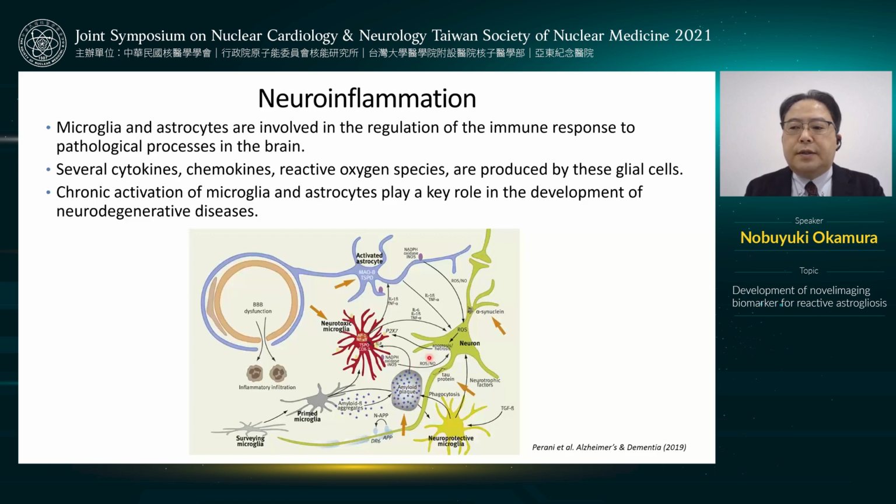In this process, several pro-inflammatory mediators such as cytokines, chemokines, and reactive oxygen species are produced by these glial cells. And chronic activation of these glial cells plays a key role in the development of neurodegenerative disease.